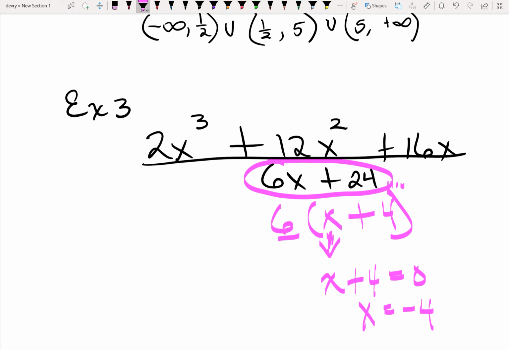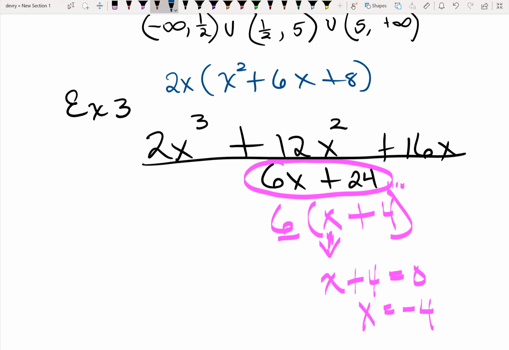And so, if I factor the numerator as well, up here I take out a 2x and I'm left with x squared plus 6x plus 8.